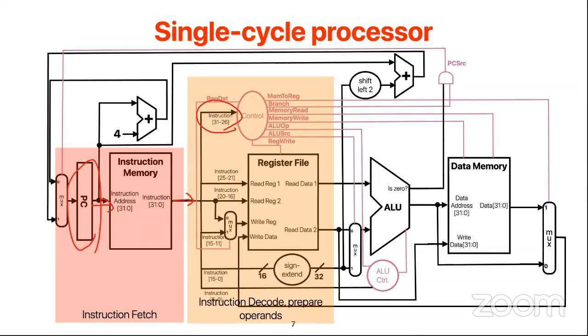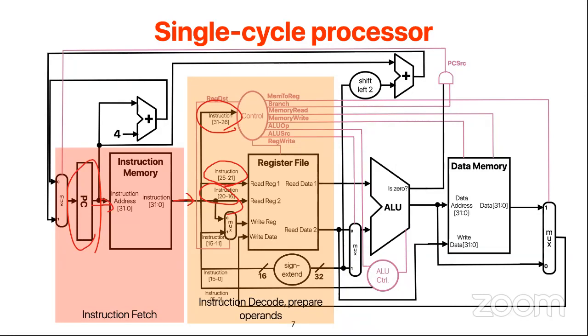No matter what type the instruction is, the 25th to 21st bits will be used as the first register read input, and the next 5 bits will be used as the second read register input.